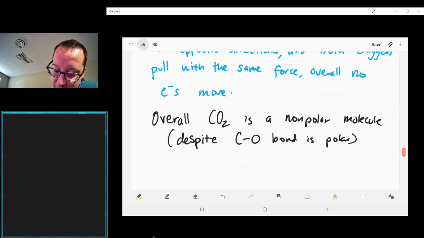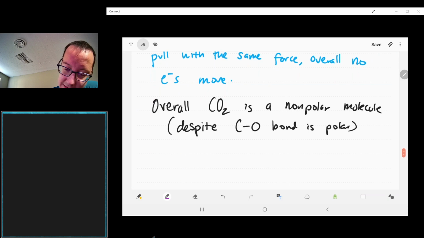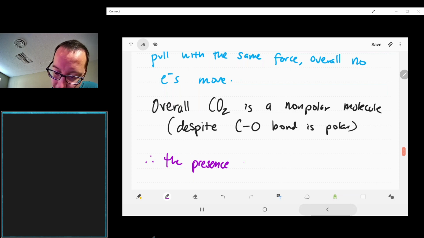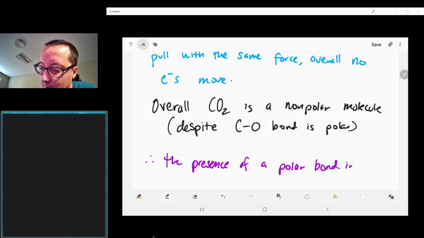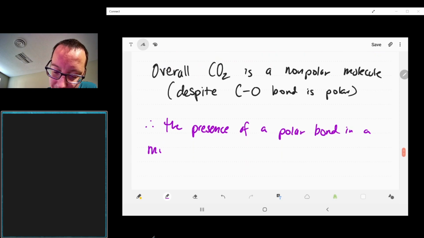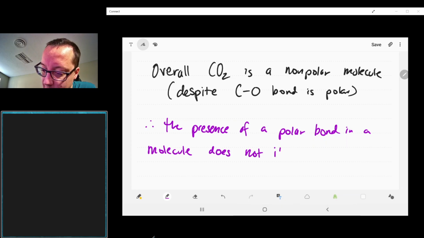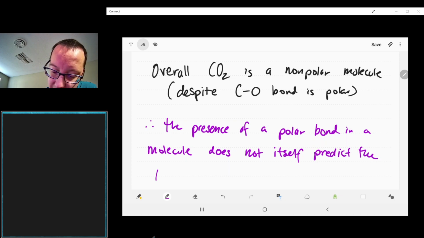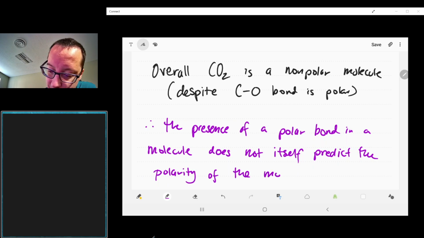So, suffice it to say that the presence of a polar bond in a molecule does not itself predict the polarity of the molecule. Again, we can have polar molecules that have nonpolar bonds.